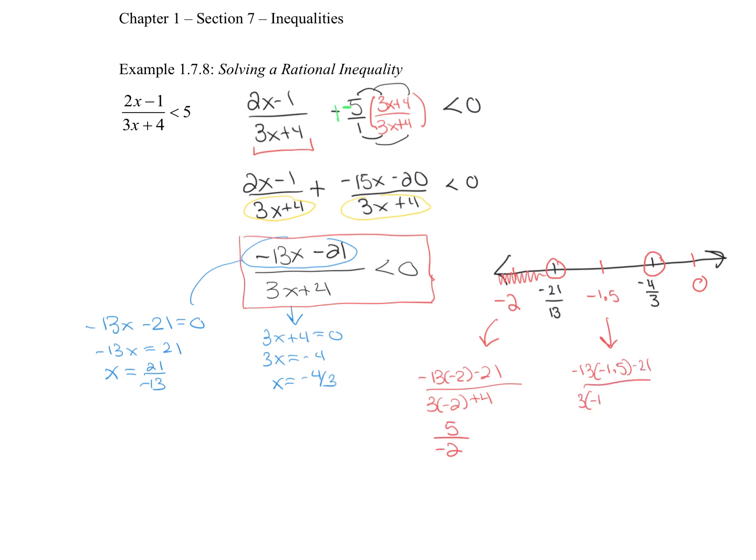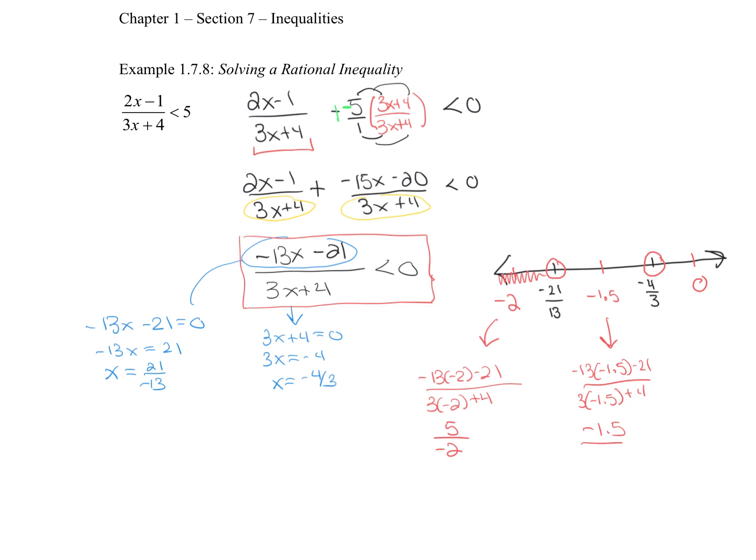When I plug in negative 1.5, I get negative 13 times negative 1.5 minus 21 over 3 times negative 1.5 plus 4. On top, I'm going to get positive 19.5 minus 21, which is negative 1.5.